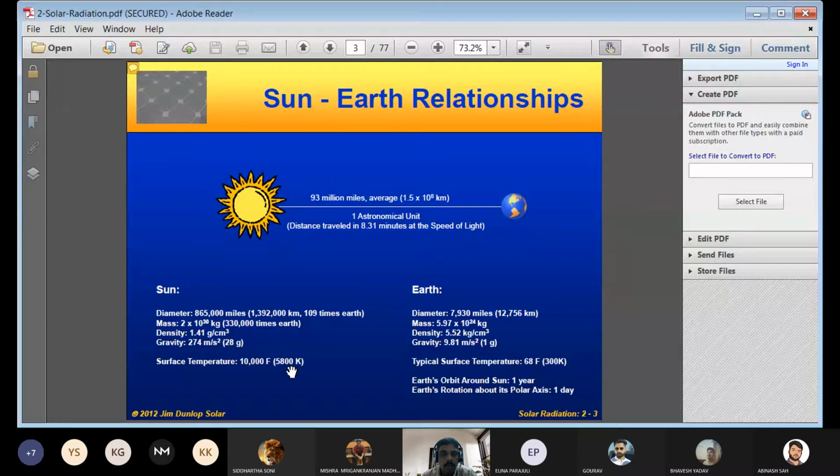Our temperature is 30 degrees Celsius, plus 273, that is 303 Kelvin. So compare 303 and 5800. Which one is greater? Sun's, obviously. Very good. That is why it has so much radiation compared to other items.